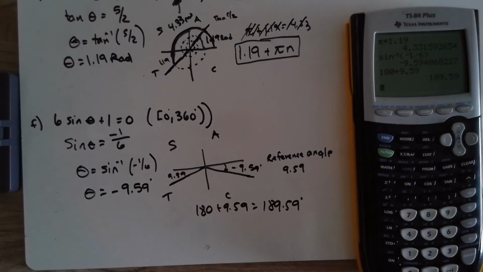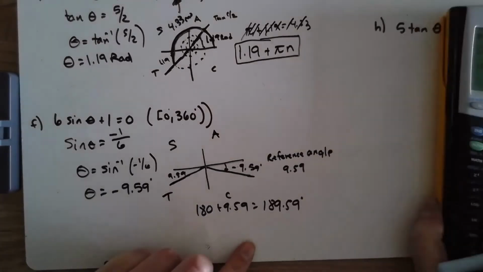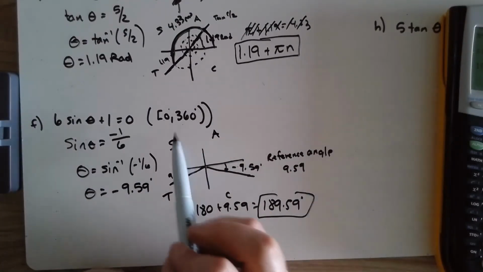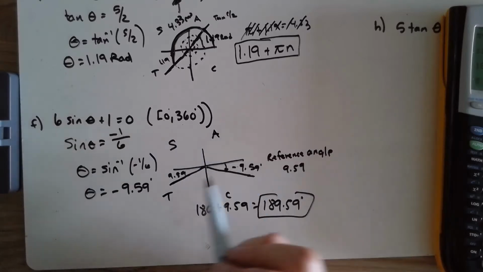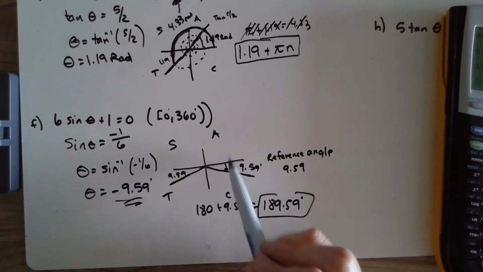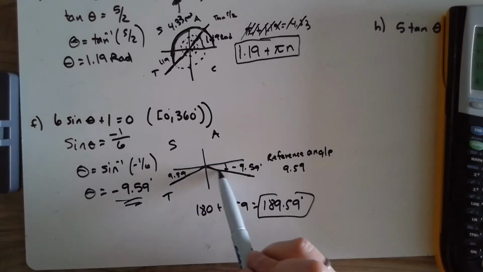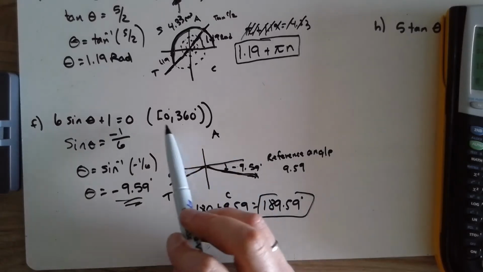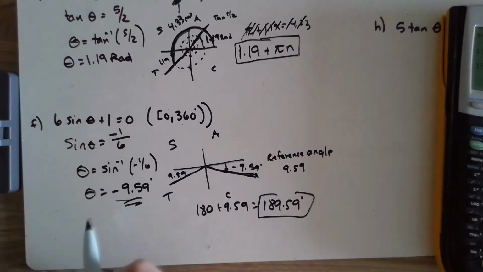That's one of my answers, right? That's within my interval. So this answer is in my interval of 0 to 360. But is my negative one? No. So how do I find a coterminal angle that's going to give me this one, but in the interval between 0 and 360? Well, we just add 360 degrees.